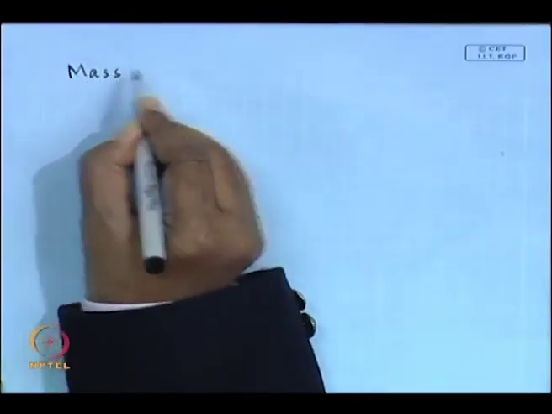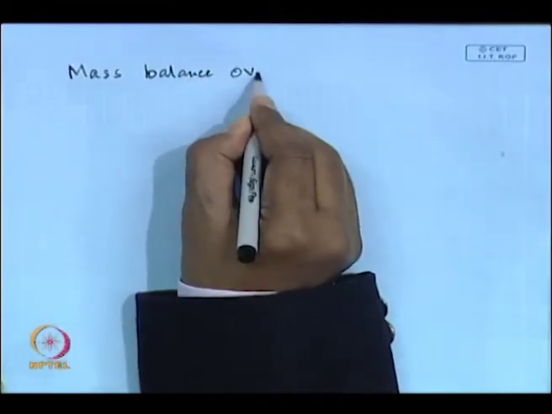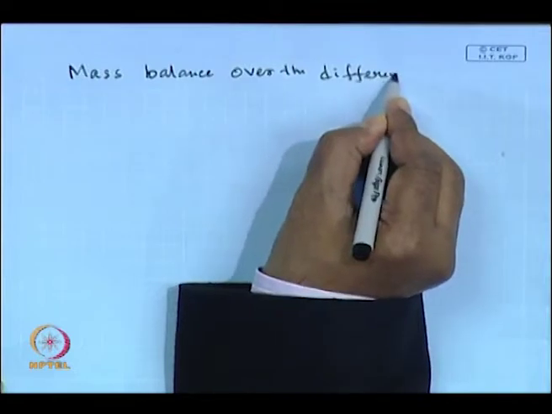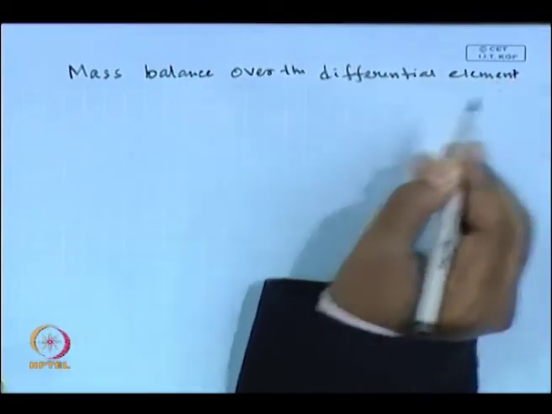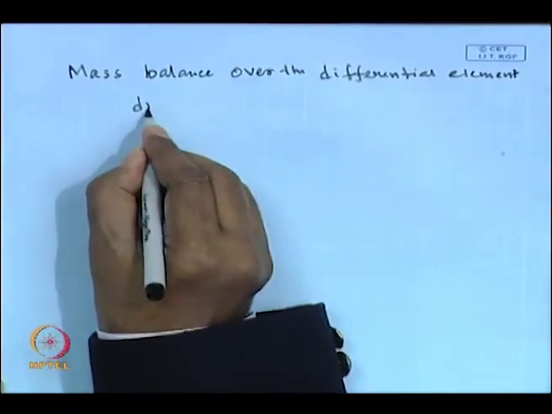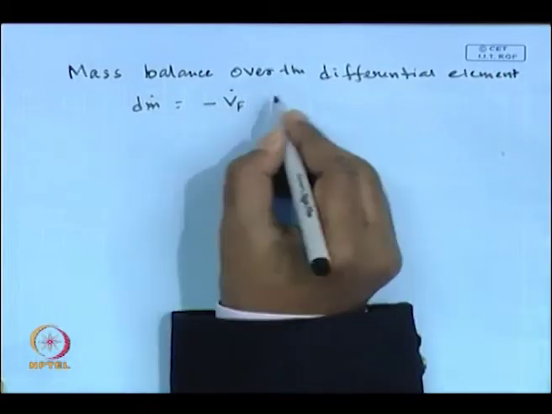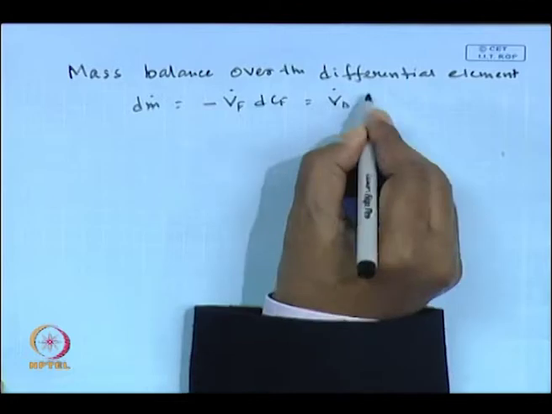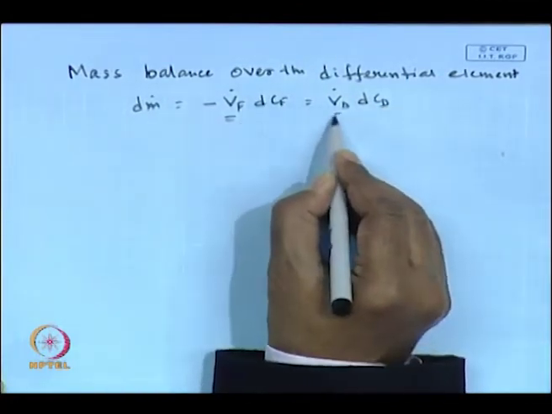the mass balance over the differential element gives you dm dot is equal to minus Vf dot times dCf is equal to Vd dot times dCd. At the steady state, the volumetric flow rate values will be constant.